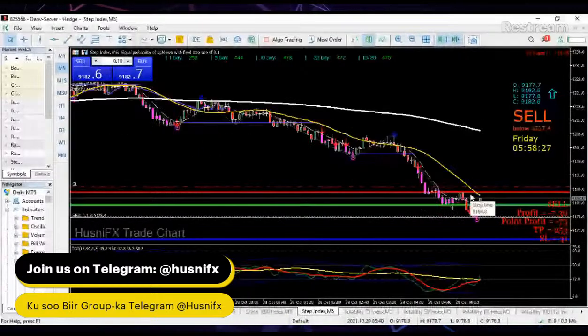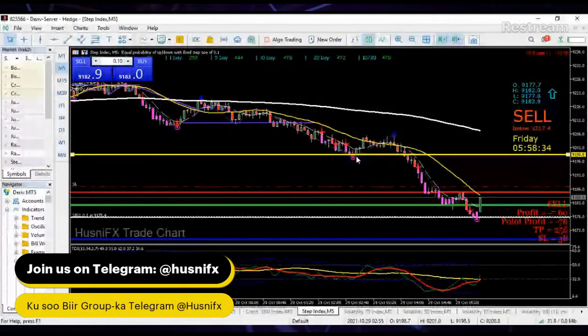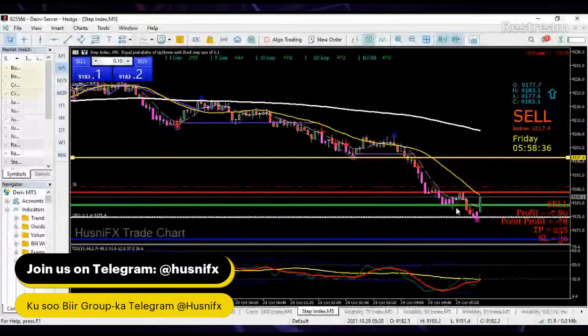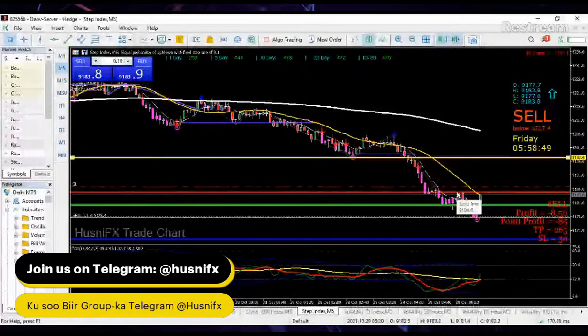When price breaks above the neckline, this market can go till this area. So we have taken the sell because of this break. It has made a break, and you can see it has made rejection. The rejection confirmation should be above the neckline. When price goes above the neckline, it will buy. So we have to place our SL above the neckline.